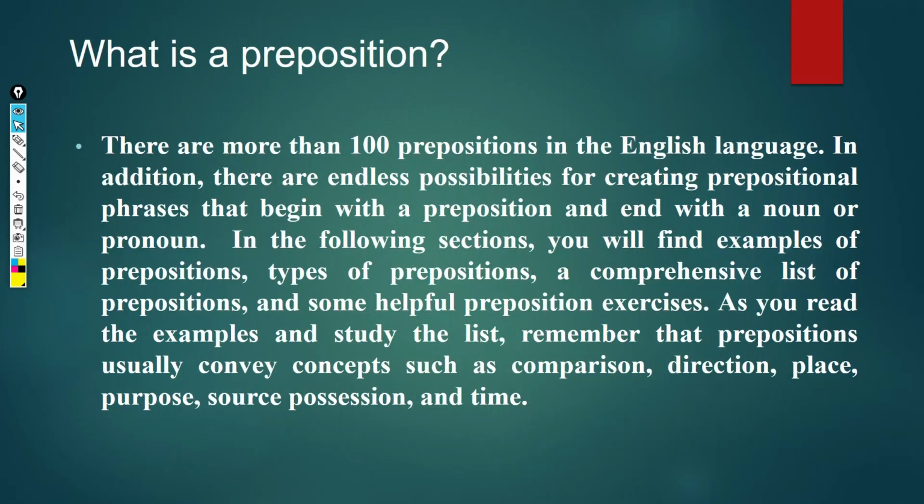Now, there are more than 100 prepositions in the English language. In addition, there are endless possibilities for creating prepositional phrases. Remember this: they begin with a preposition and end with a noun or a pronoun. In the following sections, you will find examples of prepositions, types of prepositions, a comprehensive list of prepositions and some helpful preposition exercises.